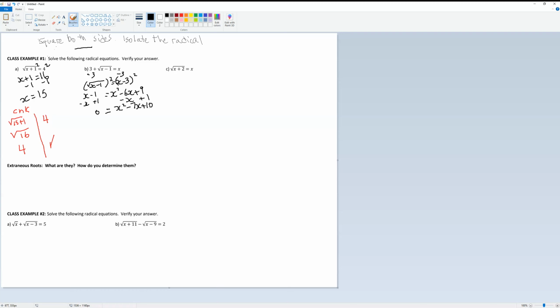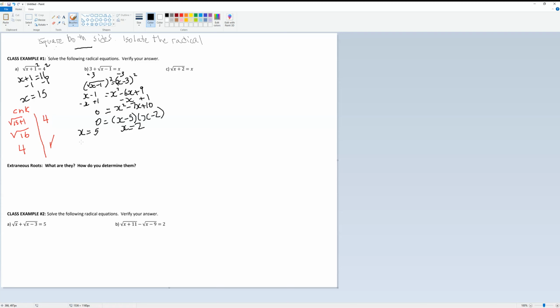Things that multiply to positive 10 and add to negative 7, of course, we're thinking 5 and 2. So this turns out to be x minus 5 times x minus 2 equals 0, meaning x equals 5 and x equals 2.